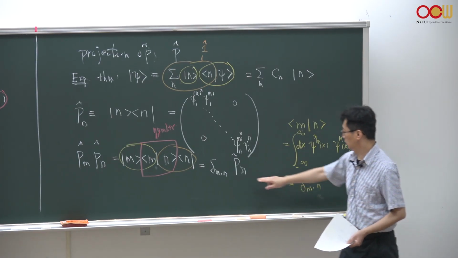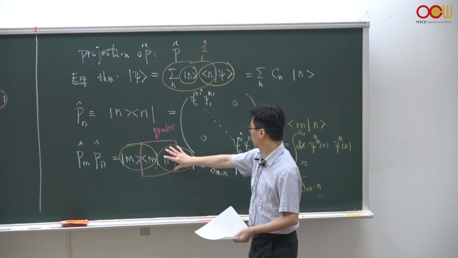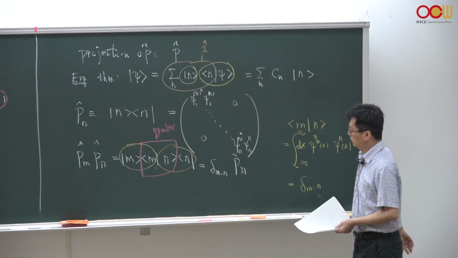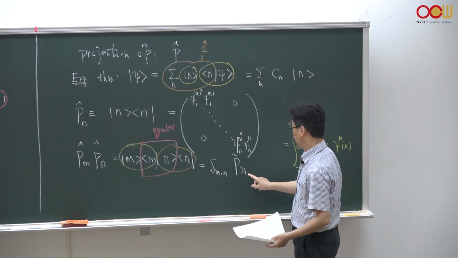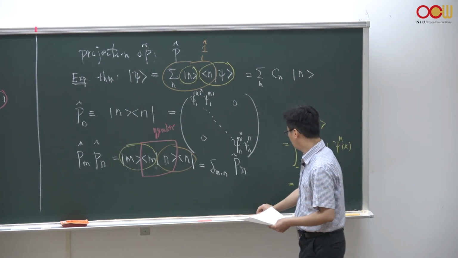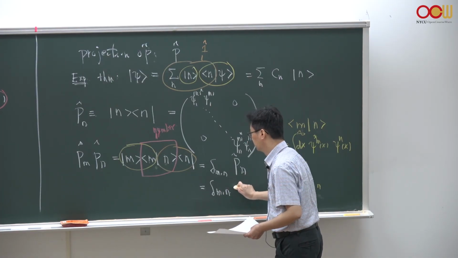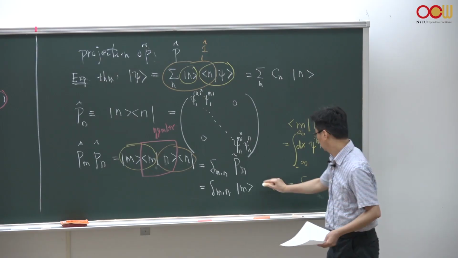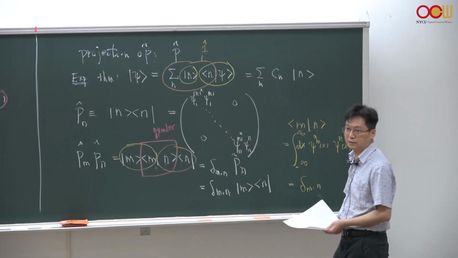And so this is this delta mn, and then this is just a number, right? And then you can simply move this number around, and the remaining part is nothing but this Pn operator, because this is the same as delta mn. You got m ket on the left and n bra on the right.